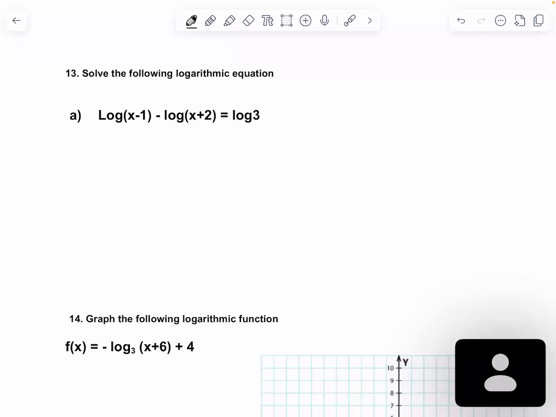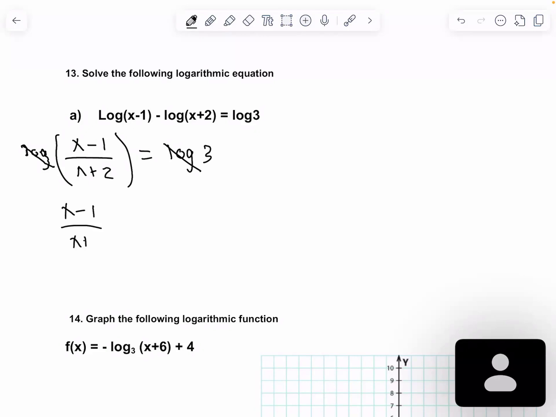Okay, so we have an extra step for this one. So we have subtraction. So let's go ahead and put those together. So let's write it as 1 log. When I subtract, I can write it together. And then the other log. But recall, whenever I have logs on both sides, I can just cancel out the logs. And now I have a rational function, or a rational equation, I should say.